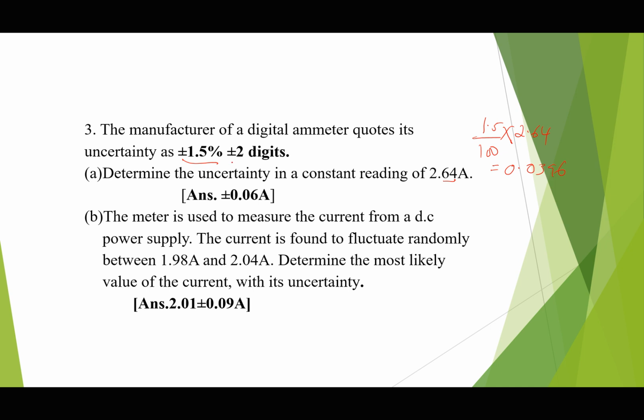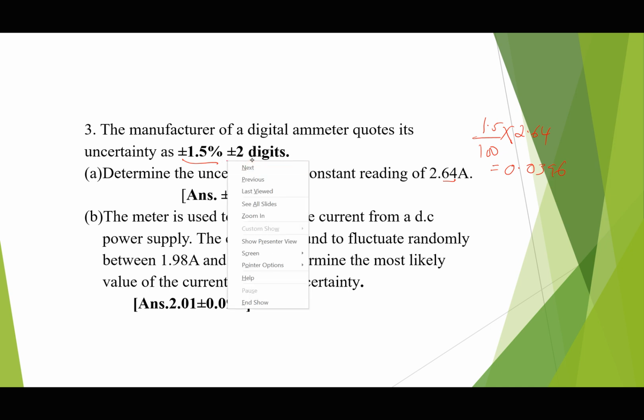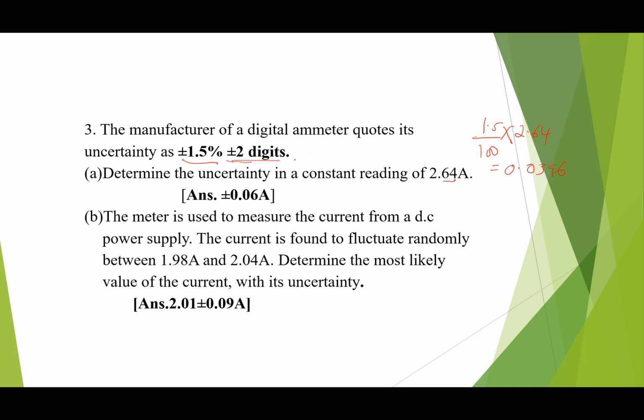But then there is an uncertainty in the final display which is actually plus or minus 2 digits. So that means that I will add here plus 0.02. Note that when I round off this to one significant figure, it will be 0.04.